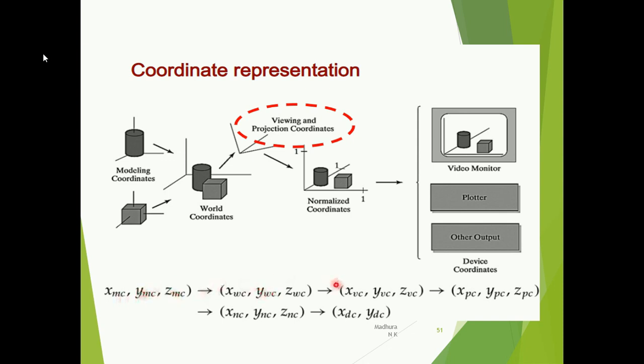One by one mapping will be done, and finally your device coordinates will be in the form of a 2D representation, because your computer screen is finally a flat plane. That's why we need two-dimensional coordinates that are actually displayed on the screen. So initially you have all the coordinate values in 3 dimensions, and finally when it's displayed on the screen, it will be in 2 dimensions. So xdc comma ydc.